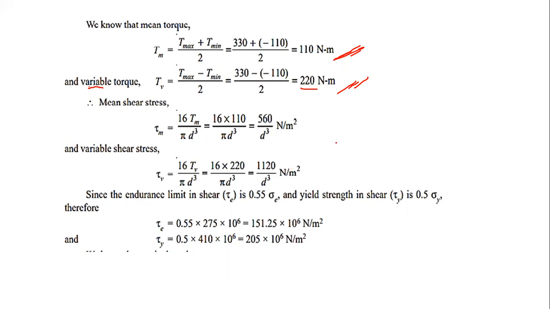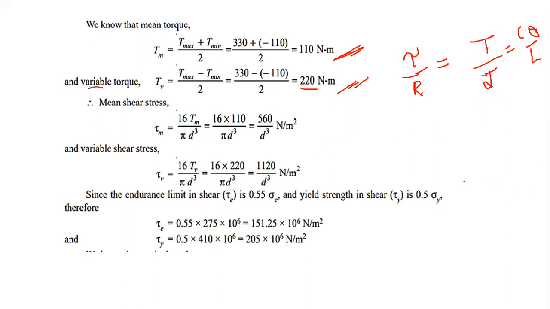Already we know the formula for torque from the torsional equation. From the torsion equation, tau by r equal to T by J equal to C into theta by L. This is the torsional equation.